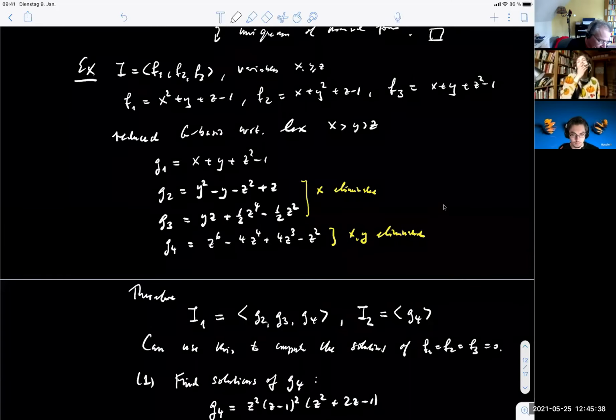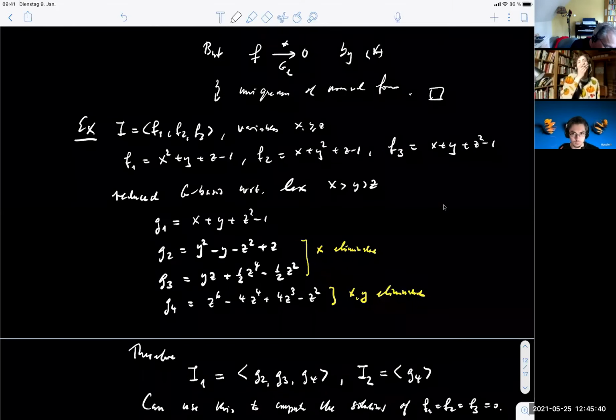So let's see. I have here a polynomial. This is a quadratic polynomial. This is also quadratic. This is also quadratic. I have 3 quadratic polynomials. And the Bézout theorem says that if you have three quadratic polynomials in three variables, typically, if you look at the solutions in projective space, you get 2 to the 3.